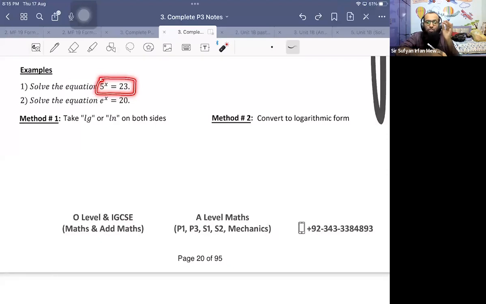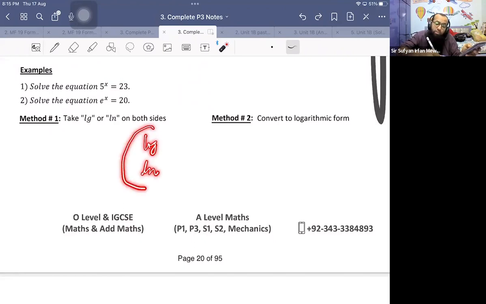We can take any kind of log. But you know which kinds of log are better to take? It's better to take common or natural log. Why? Because in our calculators, we have two keys present, LG, which is log, and ln. There are two keys, one is log, one is ln.